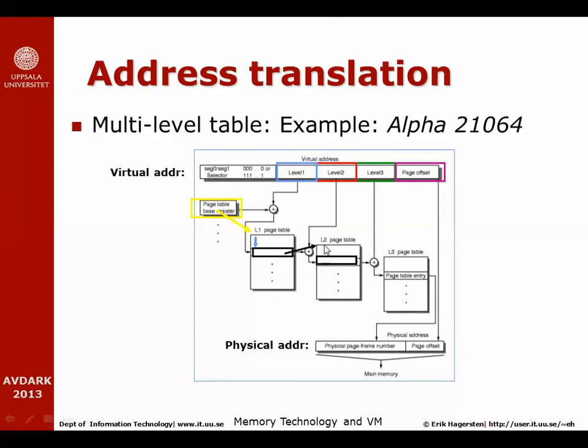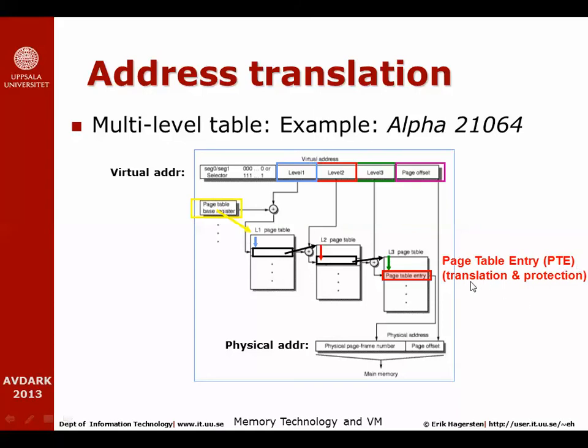Actually, in the case of the Alpha, the page size was 8 kilobytes, but it's some number of kilobyte page, and then we use the red bits to index into that page to get a pointer to another physical page frame. We use the green bits to index into that page frame, and this is where the page table entry resides.